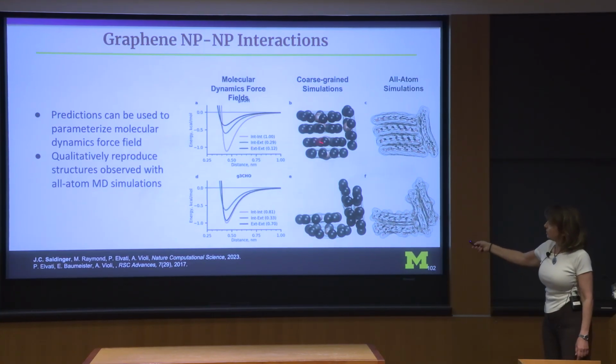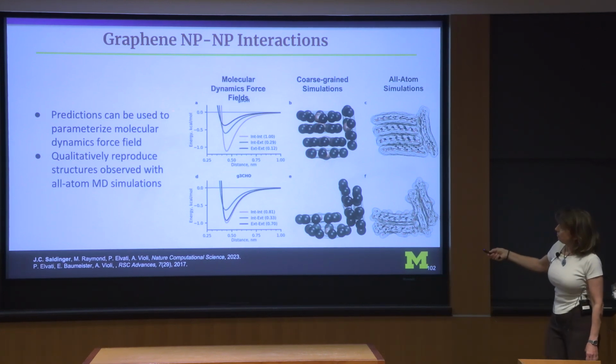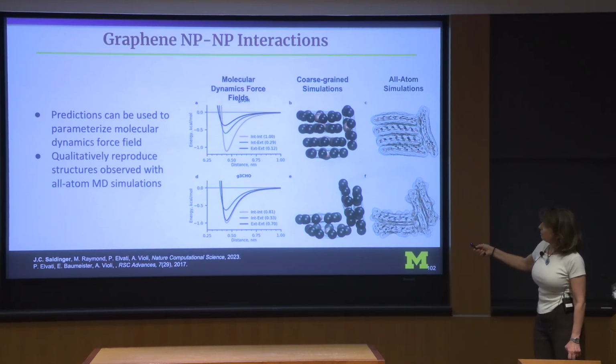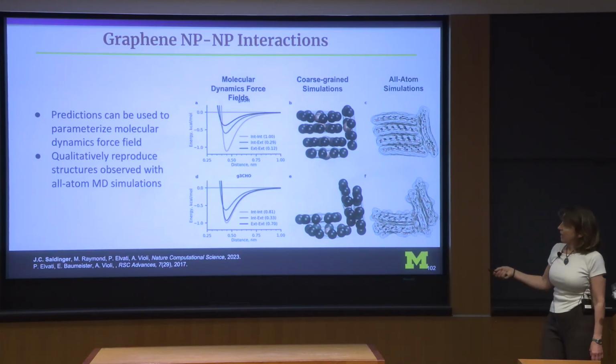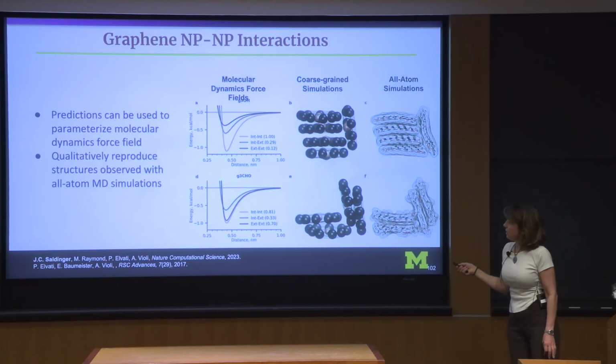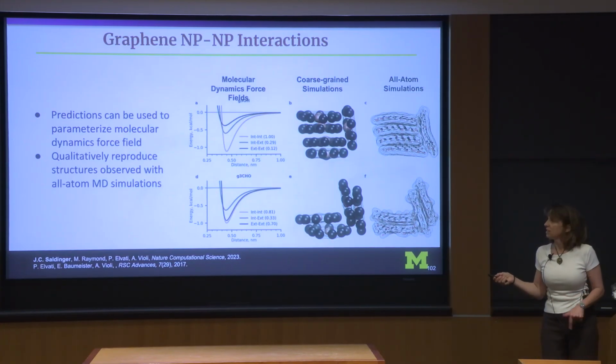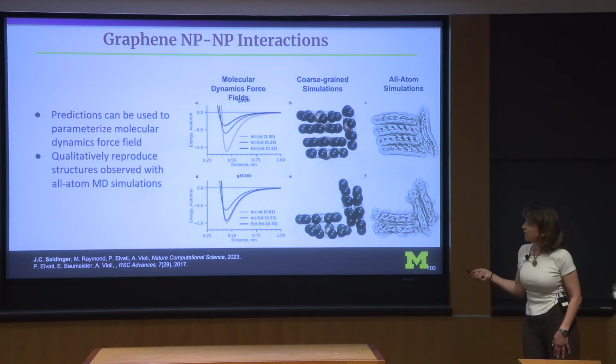What we did was to coarse grain them, again, this sequence. And then the molecular dynamics, this is the force field that was used for all the configurations. And so the prediction that we have, that was done also with the necklace, can be used to parameterize the molecular dynamics force field.